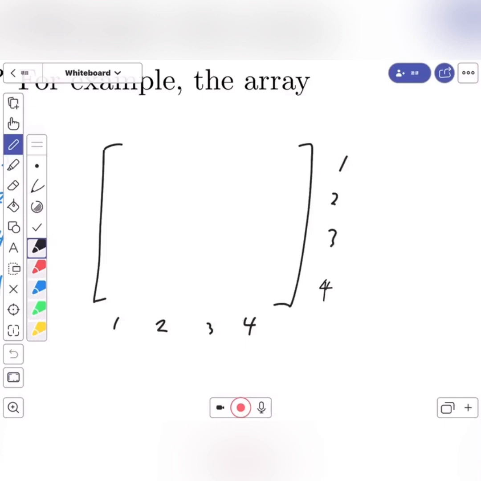Now we have 1, 2, 3, 4 and 1, 2, 3, 4. We can just make a 1 here. Then, actually, we must have 1 in this case. We know that all of these must be 1.